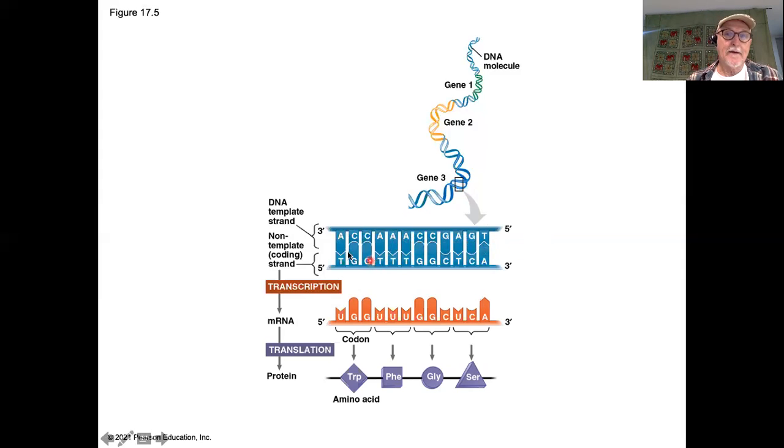I'll tell you why. If I've got these bases, this is a triplet, ACC. Its next triplet is AAA. The processes of the cell need to read that as ACC, AAA, CCG, AGT.